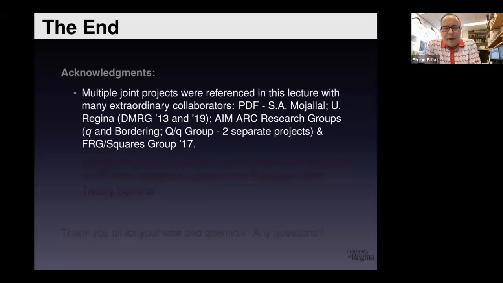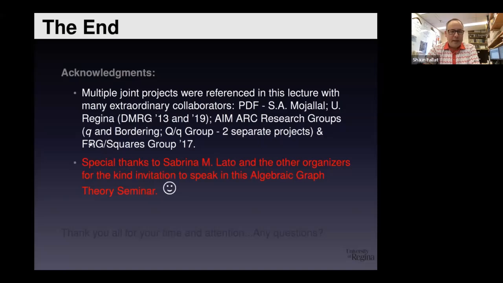I've been a part of a few projects there, and 3 of them I mentioned in this work: the bordering group, so-called, and then the QQ group, where I referred to 2 separate projects from that. I also made reference to a group that I worked with, which was originally an AIM Square in 09 and 10, that became a BIRDS focused research group later on.